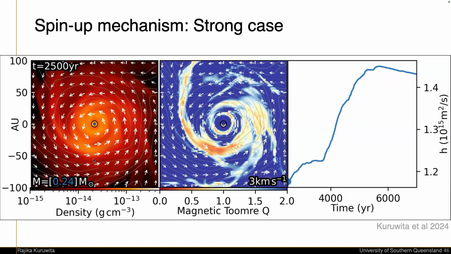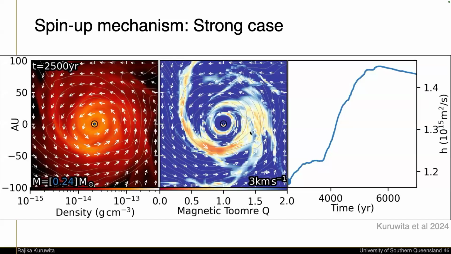Here I look at the detail of a spin-up event. This is before the spin-up event of the primary star, and you'll see that this pointer will move across, and the spin-up event really happens here, and then it levels off. Initially we had this primary star with a nice protostellar disk.